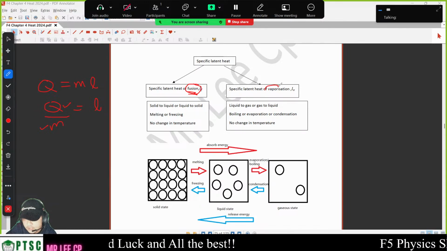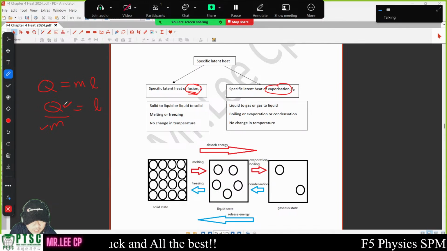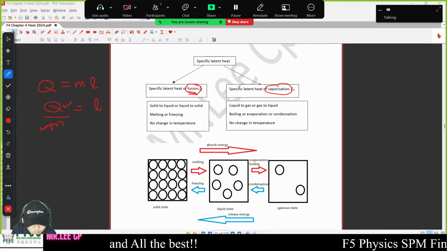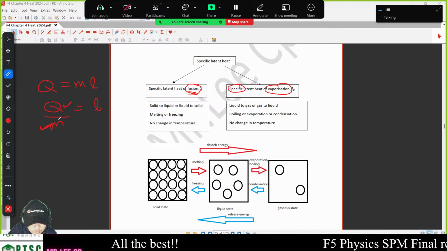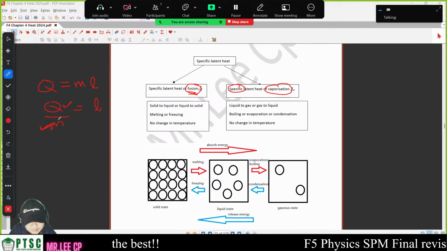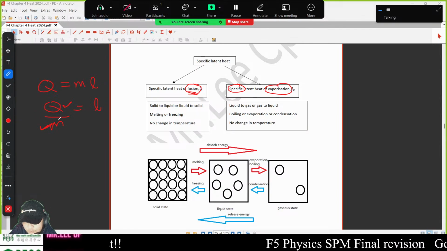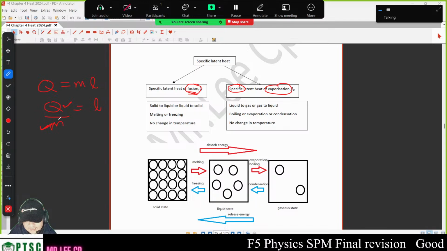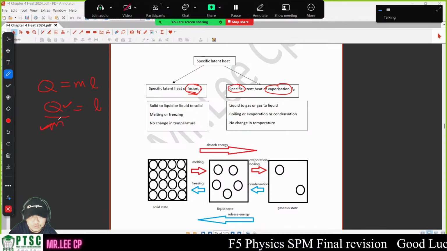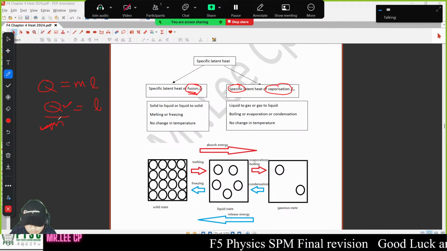If vaporization, it is the energy needed for 1 kg of substance to change the physical state from liquid to gas or gas to liquid without change in the temperature.